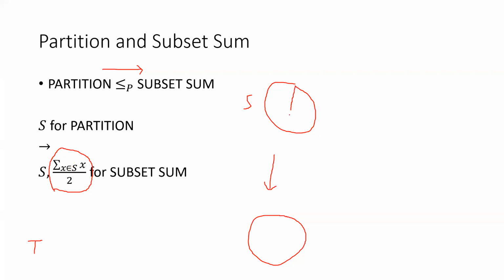If you can partition S into two parts with equal sum, then you should be able to find a subset with half of the sum of S, right? And this is identical because the other part will automatically have the same sum, which means the solution is the same. So we prove both directions. If it's a yes instance for partition, it's also for subset sum and vice versa.